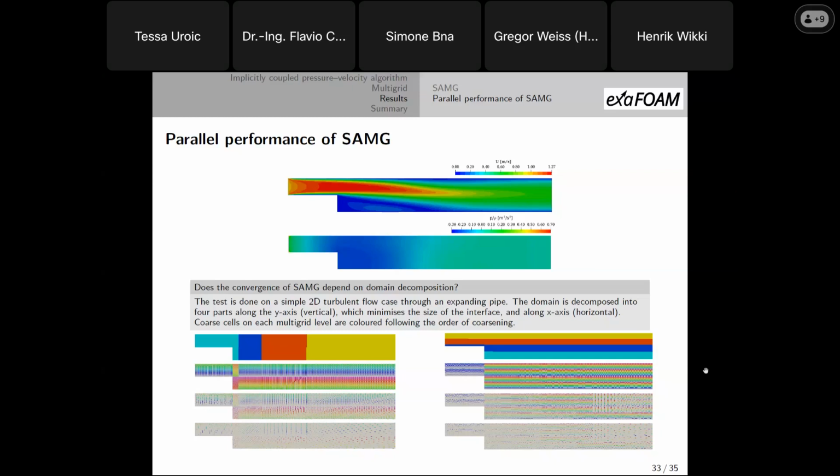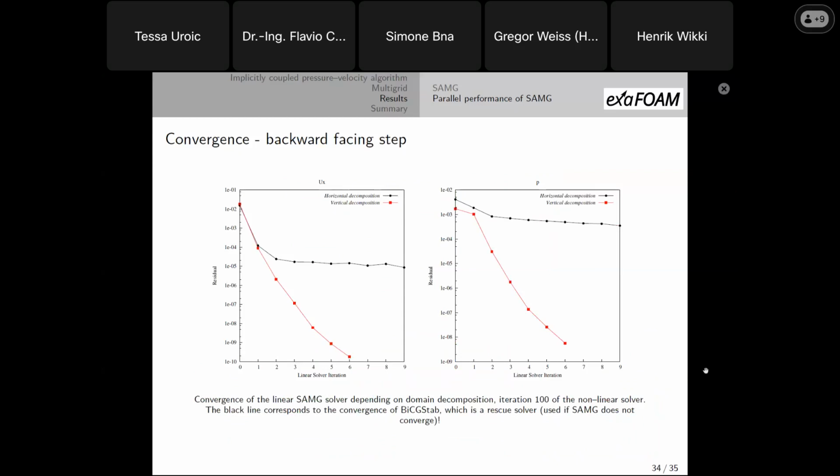Okay, next slide, please. And here you can see the convergence of the linear solver, so SAMG, in a single non-linear iteration. This was the 100th iteration. And the black line corresponds to the convergence in the case of the horizontal, the unnatural decomposition, while the red line represents the convergence in the vertical natural decomposition.